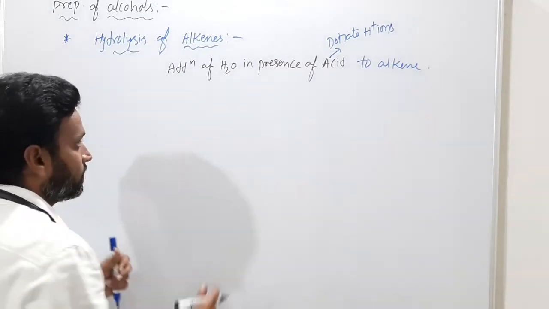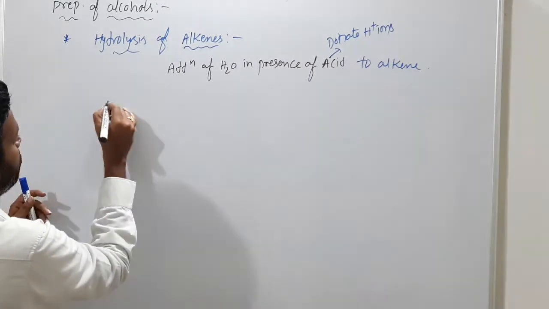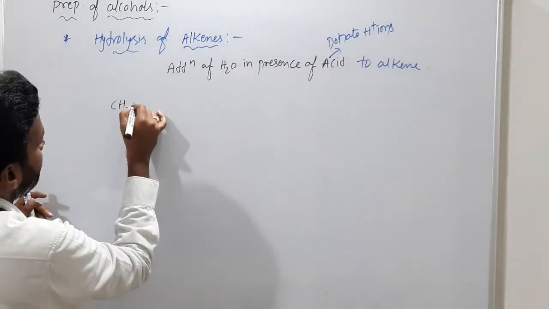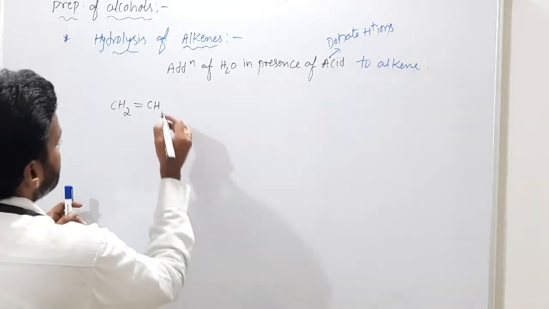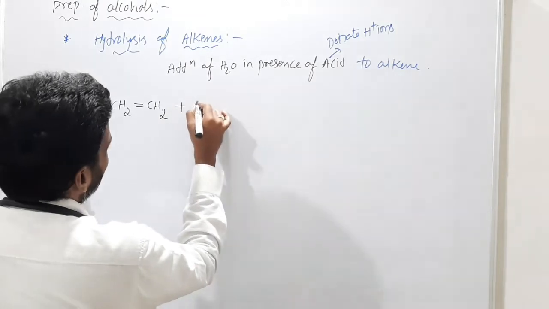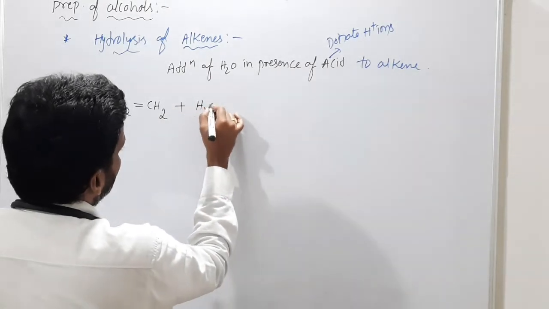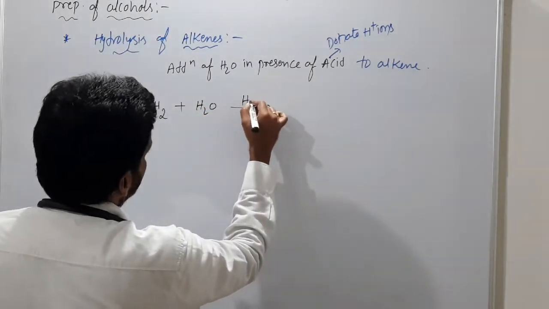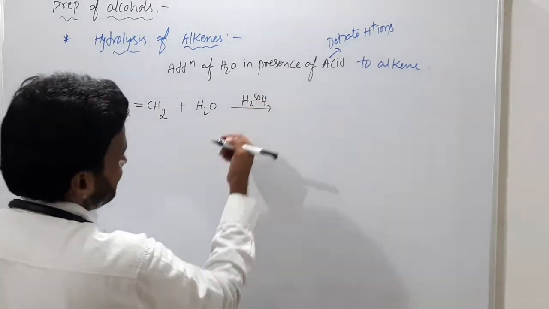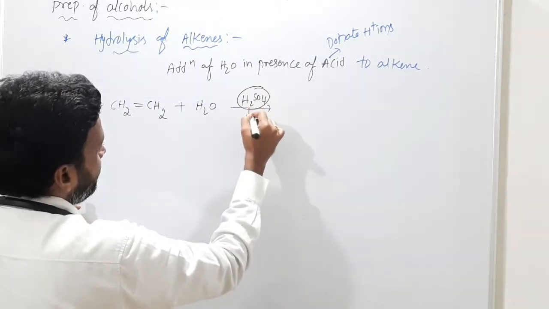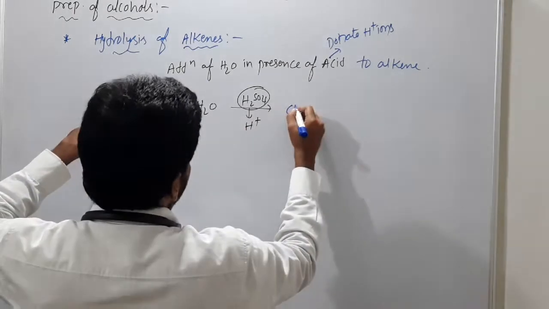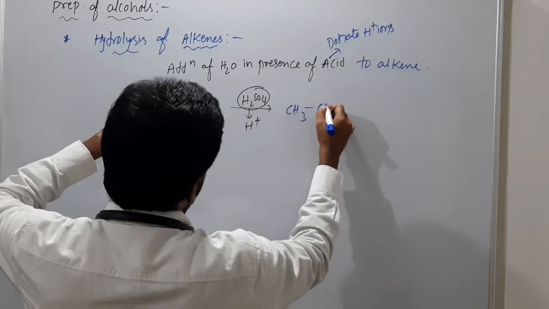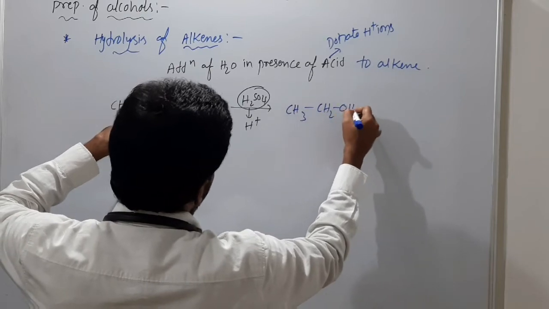To whom? Alkene. So this is very important. You know this happens by Markovnikov rule if we are not using any peroxide. CH2 double bond CH2. If I am using water in the presence of sulfuric acid, H2SO4, this provides H plus. Now the product is CH3 and CH2OH.